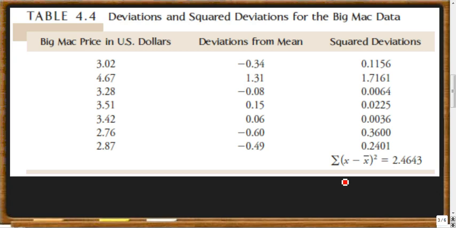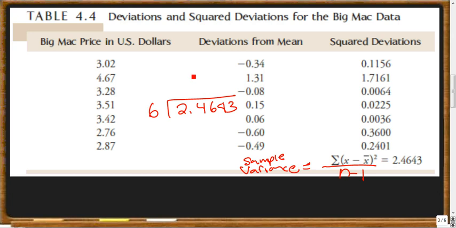That's not very useful to us because it doesn't deal with how big this set is. So we divide by the number of observations minus 1. We take 2.4643 and divide that by 6, which is n minus 1, and that gives us our sample variance.